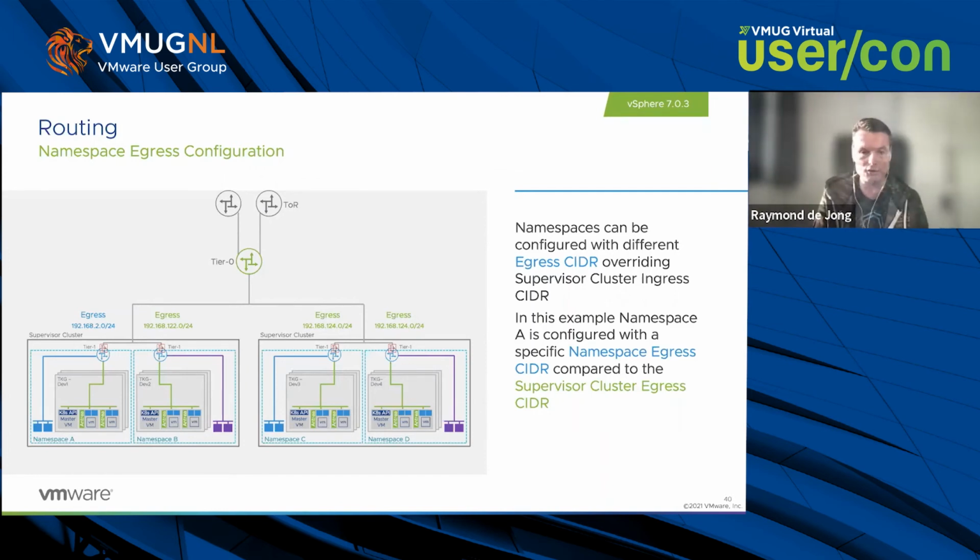So you might require to do traffic engineering or firewall configuration so that a given namespace with a specific source IP can reach those resources either on the internet or your physical network. And overriding on a namespace level on egress CIDR means that you can specify which IP they use, and you can expect it to be a source for filtering on your physical network.